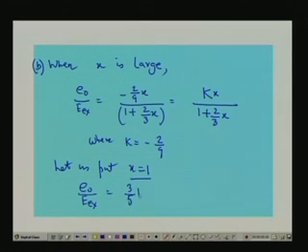5 into k. So, this is basically a straight line passing through the origin 0 0 and the point 2 by 3 k and 1.